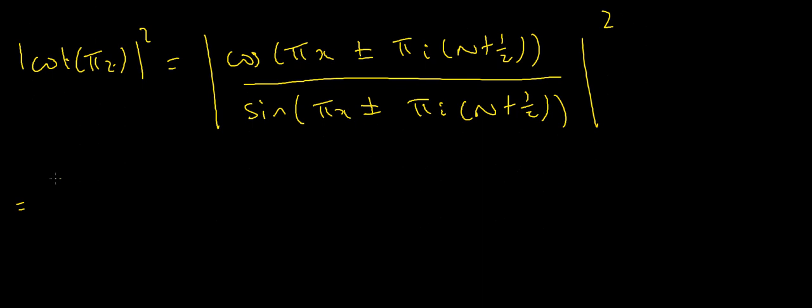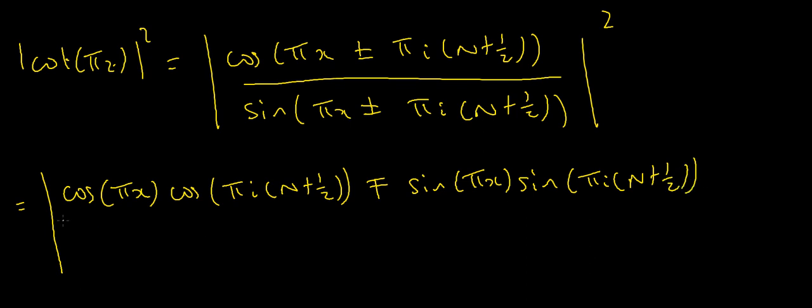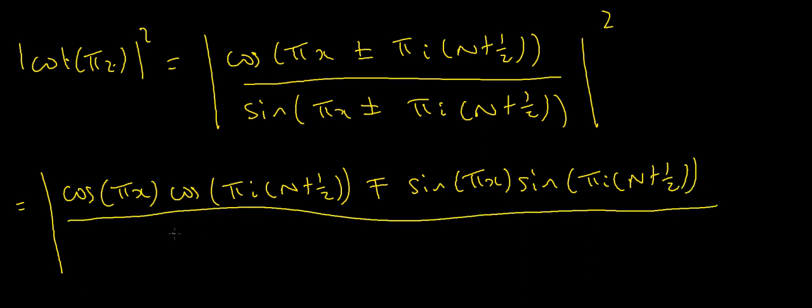Cos of a plus or minus b is cos a cos b minus sine a sine b, so that's equal to cosine pi x times cosine of pi i times (n plus a half), minus sine of the same terms, so sine pi x times, and this should be a minus plus, sine of pi i times (n plus a half), all divided by, using the other trig identity, sine of a plus or minus b is sine a cos b plus or minus cos a sine b.